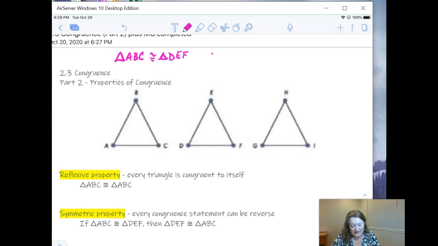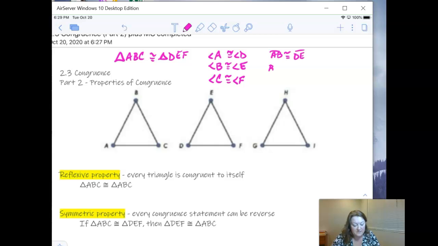We would know that angle A is congruent to angle D. We would know angle B is congruent to angle what? E. And we would know angle F is congruent to which one? Angle C. We would also know that side AB is congruent, the same size, to side DE.